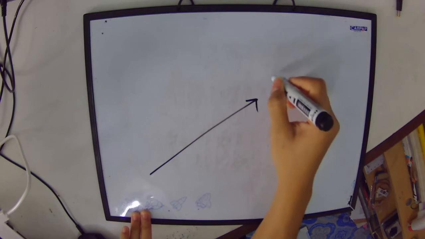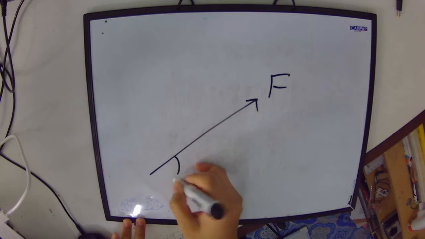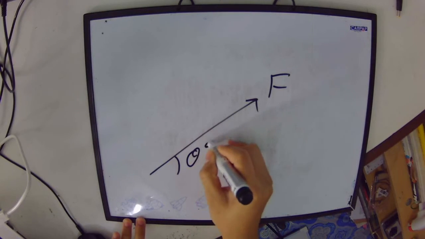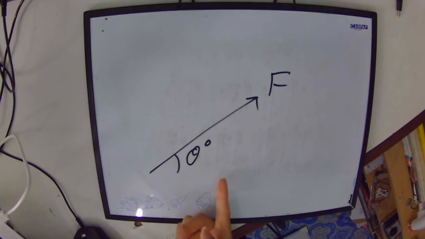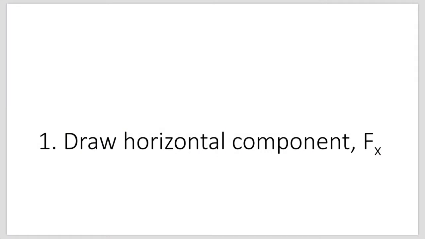So you'll be given a force and you'll be given an angle. I'm just going to put theta as the angle. So the first thing you want to do when you have a question like this is to draw the horizontal part or the horizontal component.